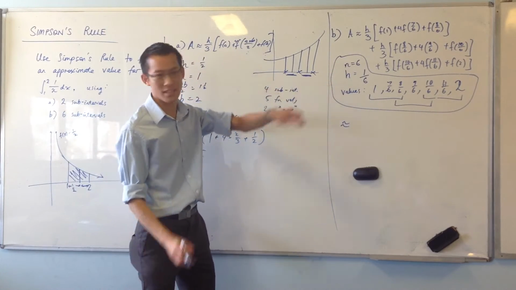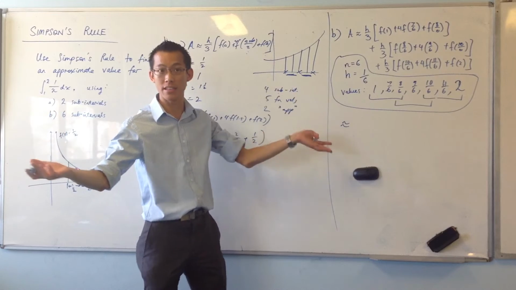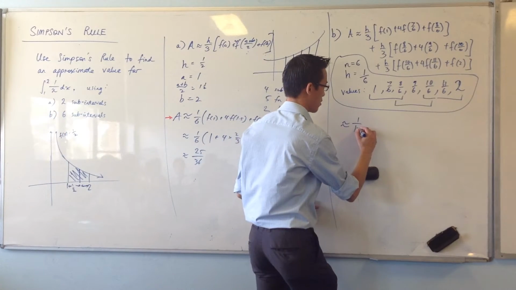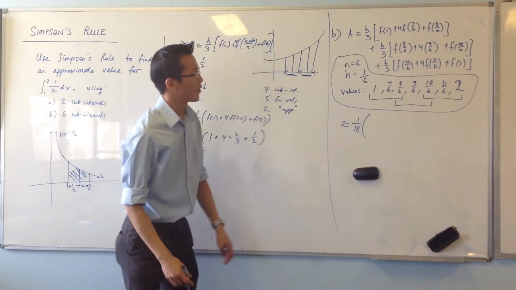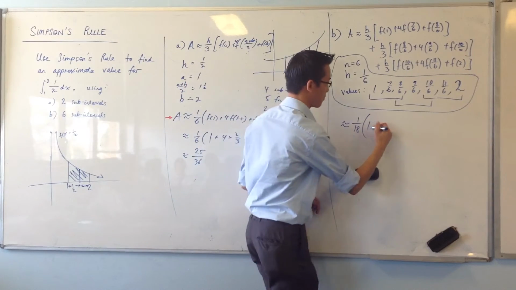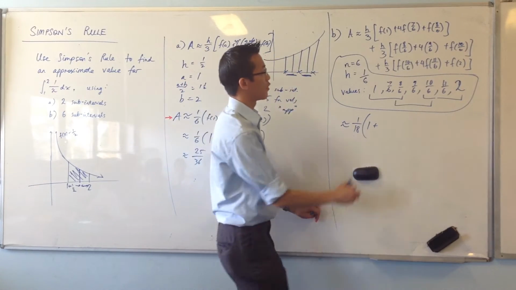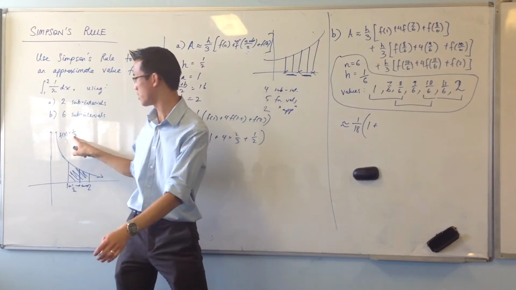Okay, so now I'm going to start to evaluate some of my numbers, yeah? H on 3, let's factor it out. So that's 1 on 18, yeah? Okay, f of 1 is still just 1. Now I've got 4 lots of, and my function is just take the reciprocal, right?